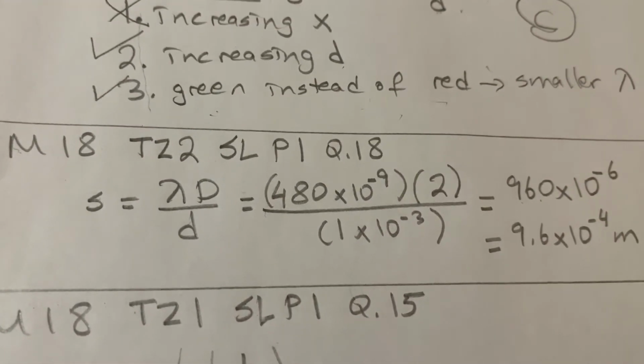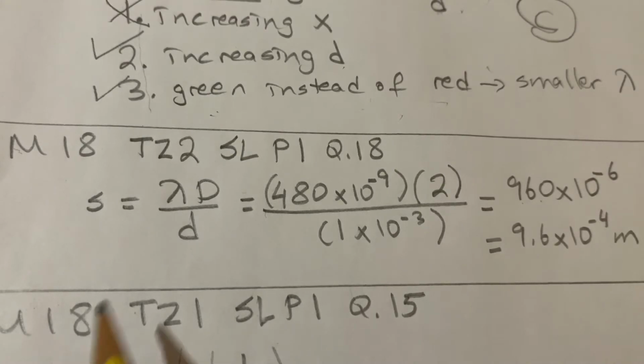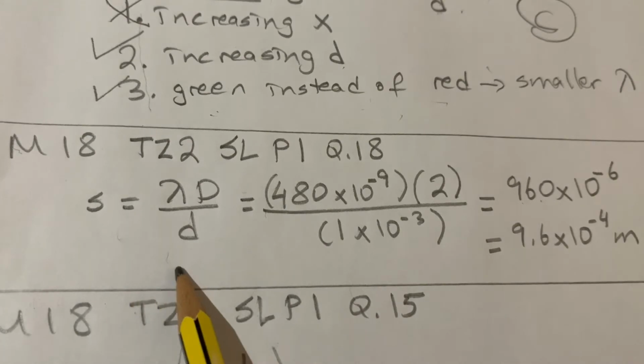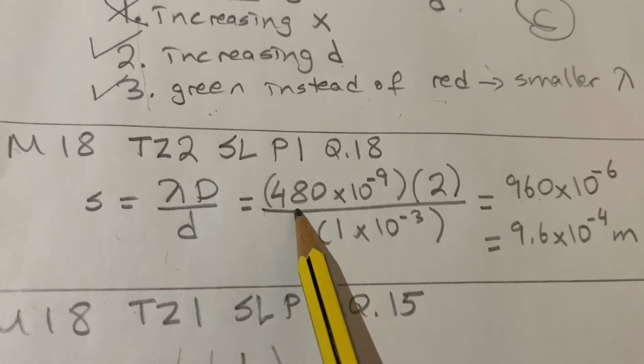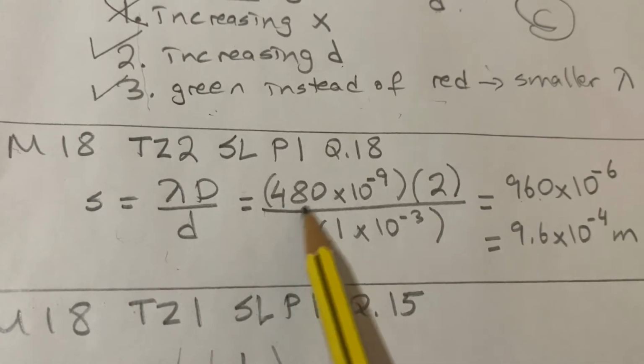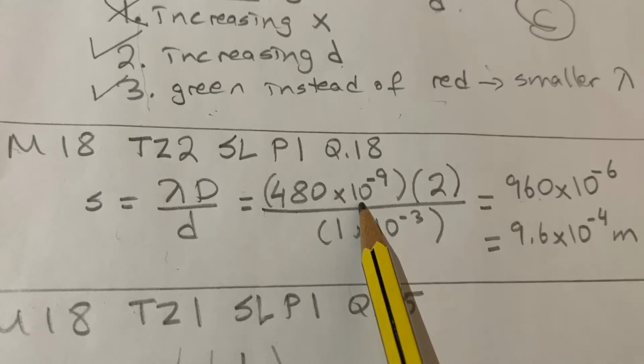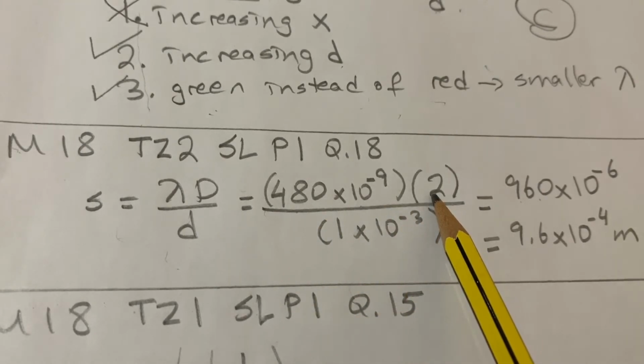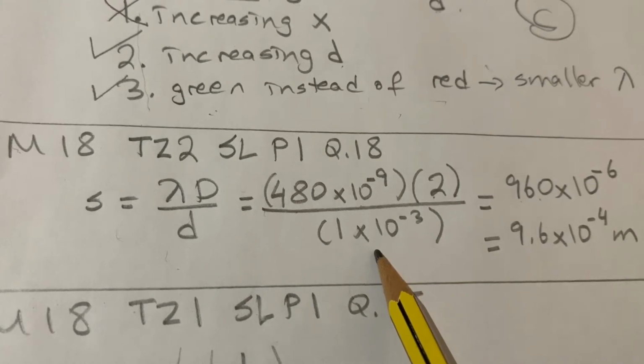The next multiple choice question gives us values to calculate, really its substitution into the formula. We are given that wavelength is 480 nanometers. We have to write everything in meters. The distance to the screen is 2 meters, and the separation of the sources is 1 millimeter.